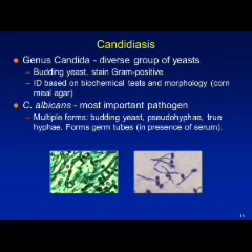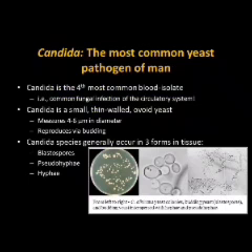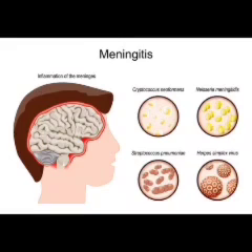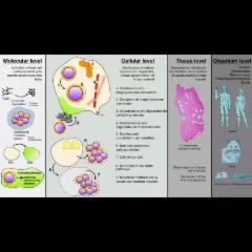All these four are thermally dimorphic, meaning they produce yeast at more than 37 degrees and mold at less than 25 degrees centigrade.